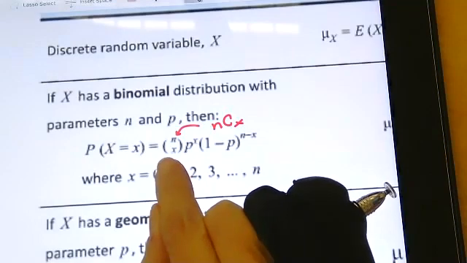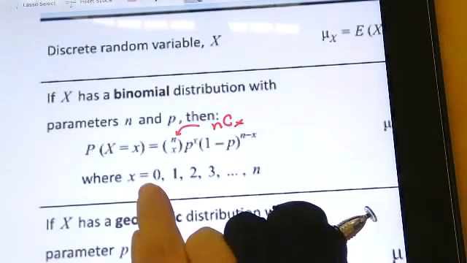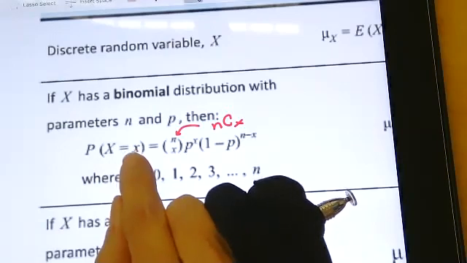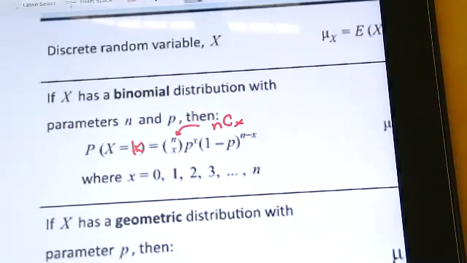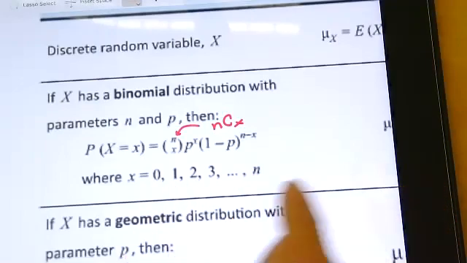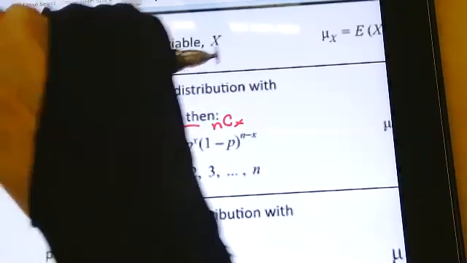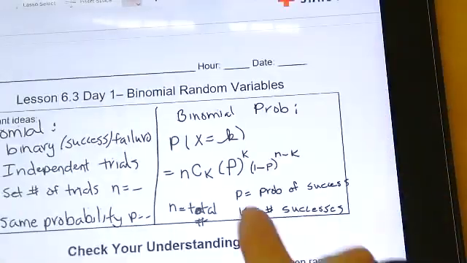So you can do that on your calculator, and then how many successes, how many failures. And it says X has to be right here. I don't know why they use X in both places. It's confusing. That's why I like to put a K right there, but it does not matter whether it's an X or a K. But that value X or K has to be a whole number somewhere between 0 and N, because N is the total number of trials. So this formula that we just did is on your formula sheet.